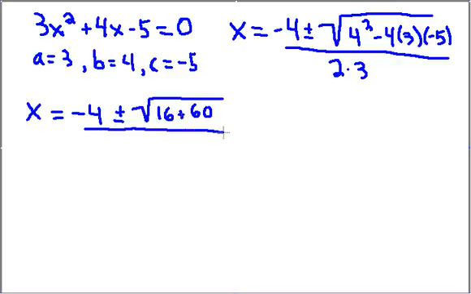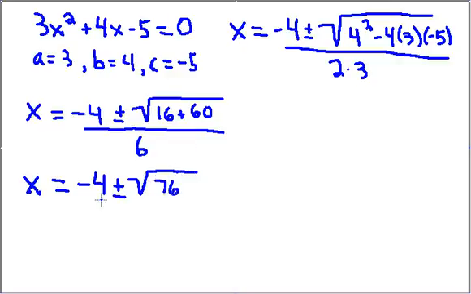And then all of that is going to be over 2 times 3, which is 6. Let's go ahead and simplify this a little bit further. Minus 4 plus or minus the square root of 16 plus 60 is 76, all over 6.